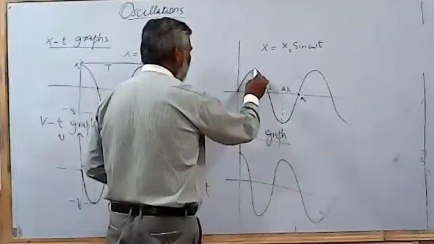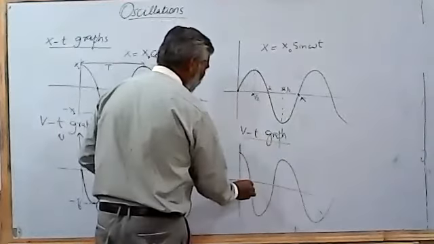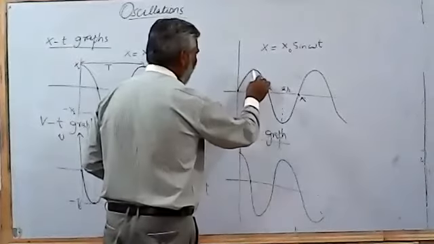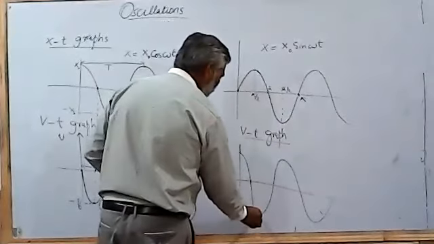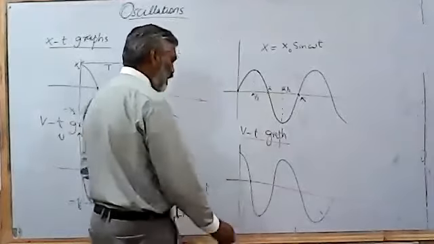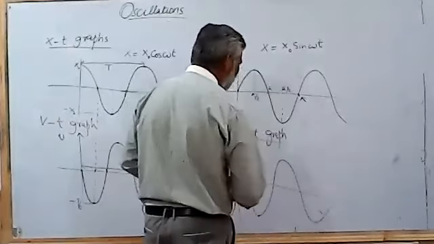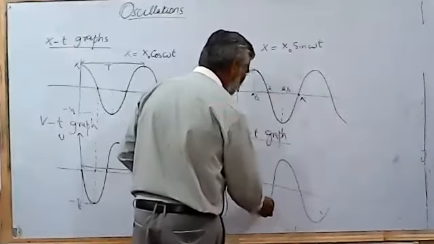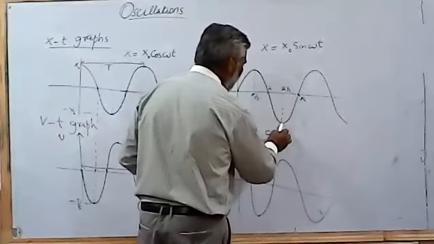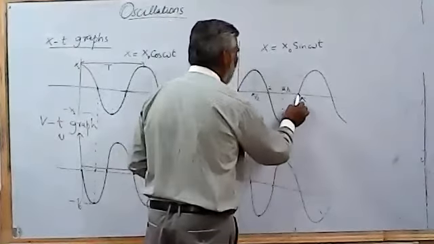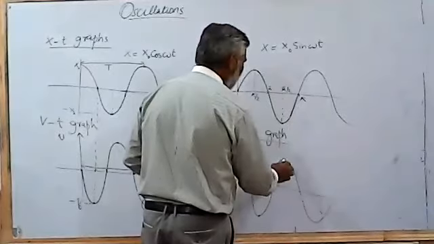When it goes to the extreme position, its value drops to 0. When it comes back to the mean position, its value becomes minus V naught, rushing towards this side, and then it becomes 0 because it has gone to the other extreme position. And when it again comes to the mean position, it has maximum value again.